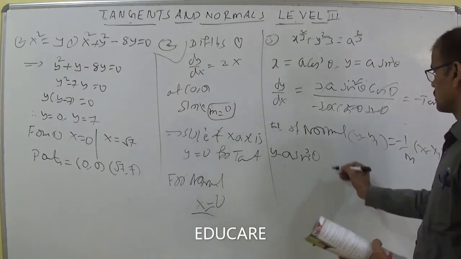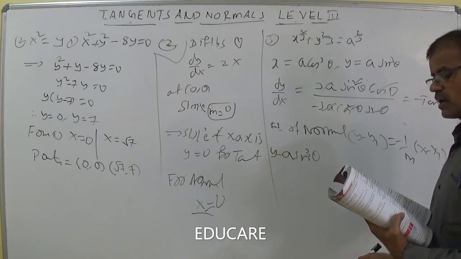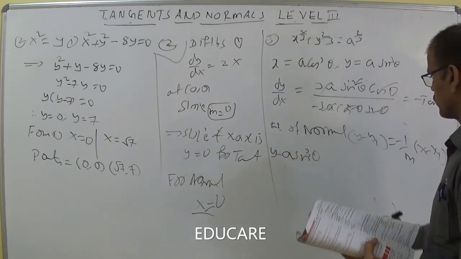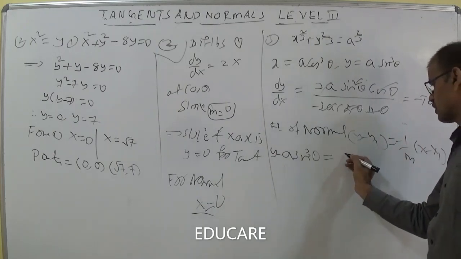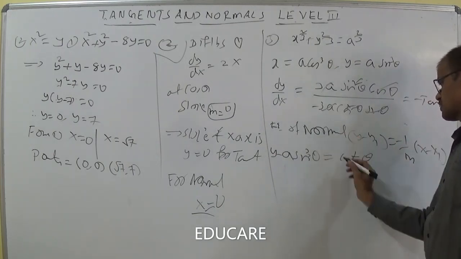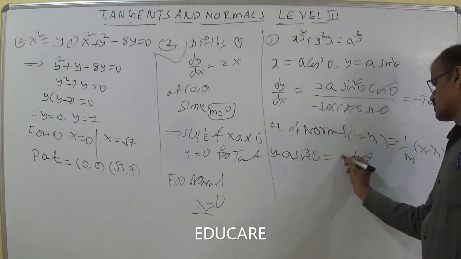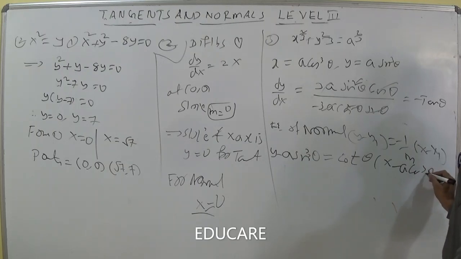Y minus a sin cube theta is equal to the slope of the normal. You reverse it and it becomes cot theta, into x minus a cos cube theta.